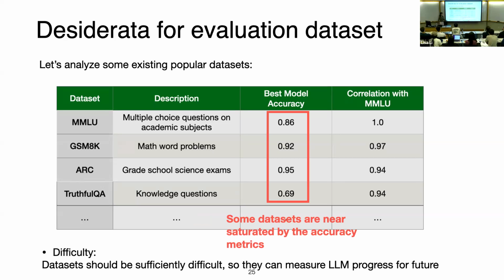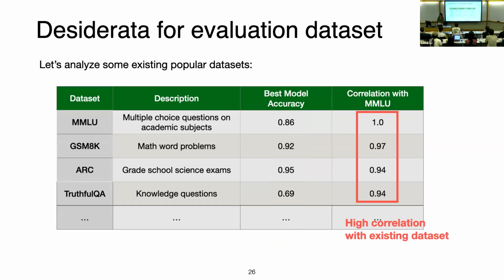Designers want their datasets to be sufficiently difficult so that they can distinguish performance among existing models, and also keep track of model progress for future stronger models. One caveat is that you don't want your dataset to be too difficult. If the dataset contains questions like proving whether P equals NP, then it can't really distinguish model performance because every model is going to get 0.